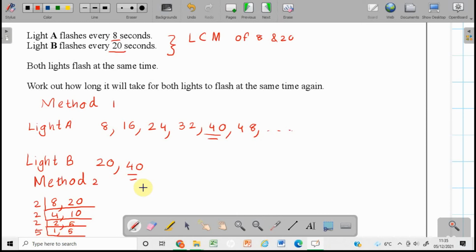That'll reduce it to 1 and 1. So basically I'll multiply these numbers together. So LCM of 8 and 20 is equal to 2 times 2 times 2 times 5, which is 40. And that's this question done.